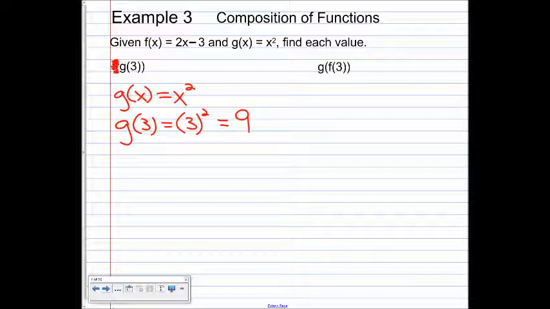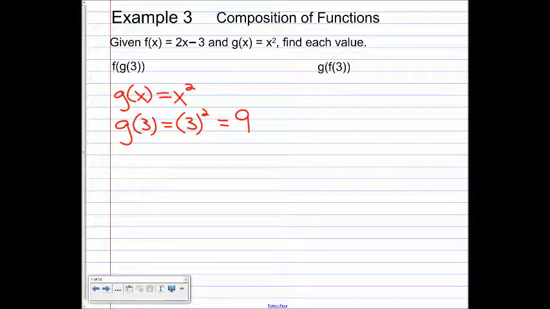Now, the reason that this is new, guys, is because we're not done. In the problem, it didn't just say g of 3. It said f of g of 3. So if it says to do f of g of 3, what is g of 3? 9.